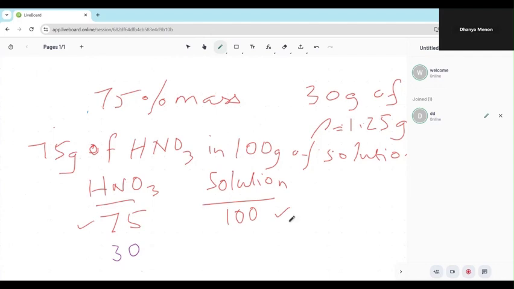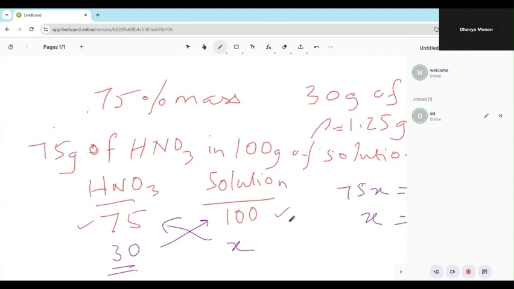That's the question. I hope the question is clear. So when we cross multiply, we get X equal to 40 grams. So when we use 30 grams of nitric acid, we get 40 grams of solution.